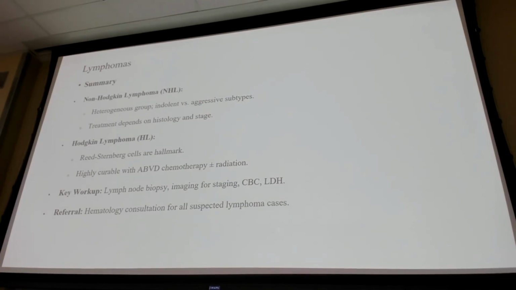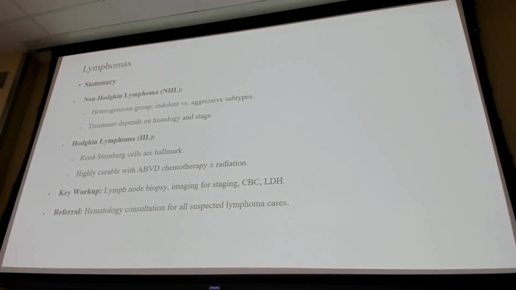All right, non-Hodgkin's. Can you figure out, hey, indolent, you mentioned some were more aggressive. Treatment, sure. And then the classic Reed-Sternberg cells, your good old-fashioned ABVD chemotherapy, the need for biopsy, the need for PET scans, the need for imaging.